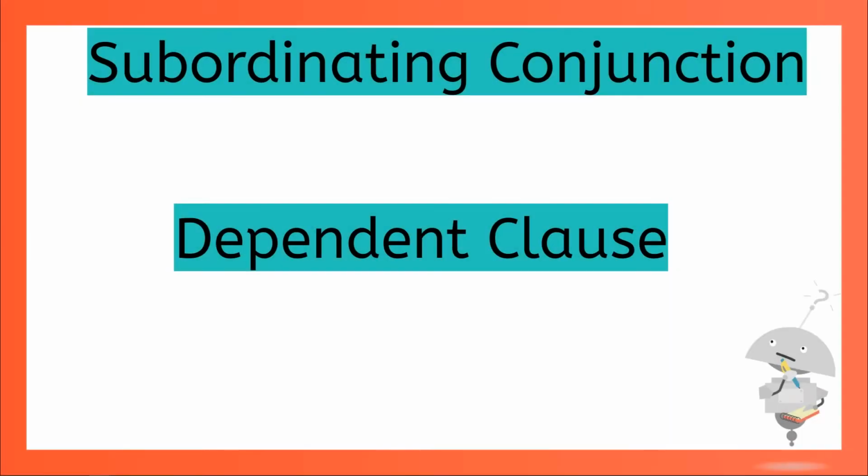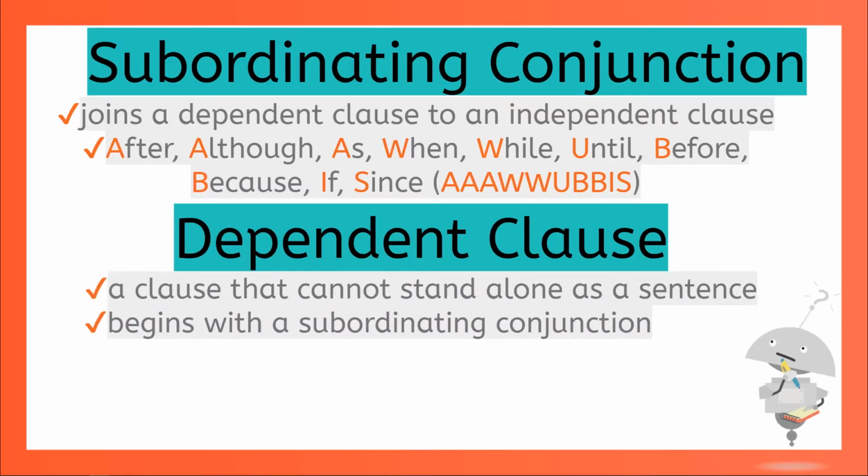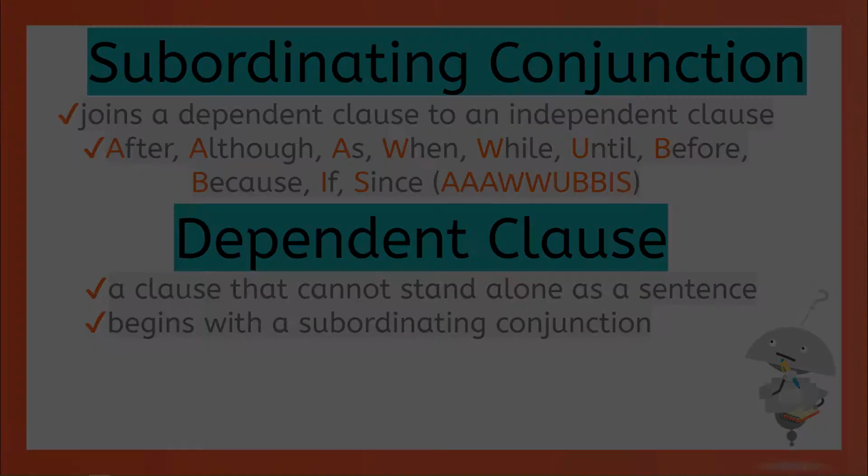All right, a couple more things to review real quick. You've learned that a subordinating conjunction joins a dependent clause to an independent clause, and a dependent clause is a clause that cannot stand alone as a sentence. It has a subject and verb, but it begins with a subordinating conjunction, and that's why it's often called a subordinate clause.